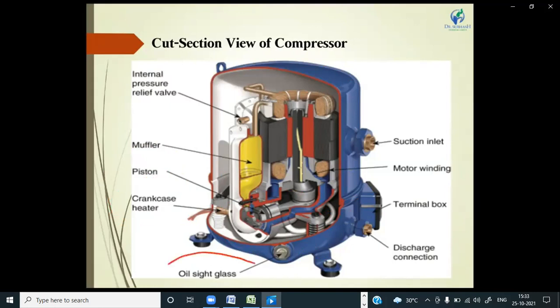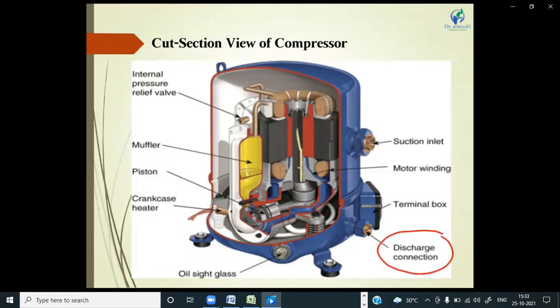It is all inside the shell, and the whole assembly is filled with oil, because this compressor is highly welded, so it is not possible to open or close it anytime for lubrication purposes, so we give the oil inside the compressor for continuous lubrication of the system.